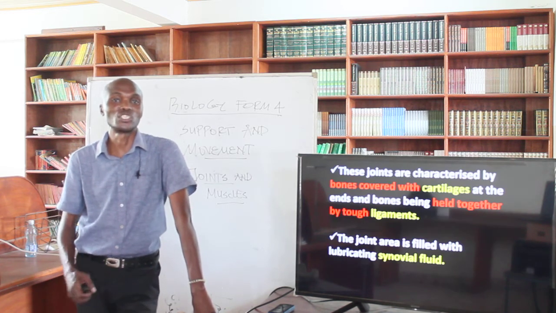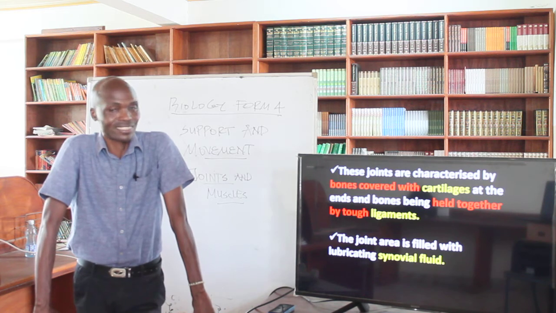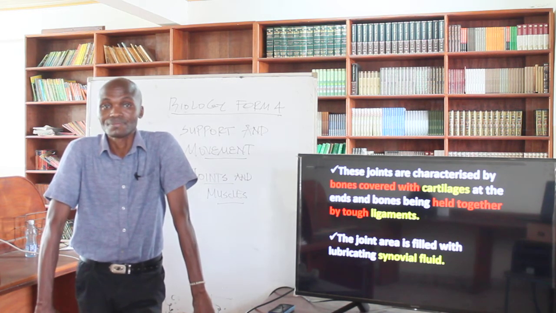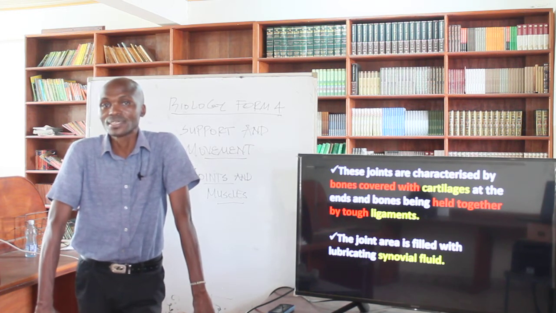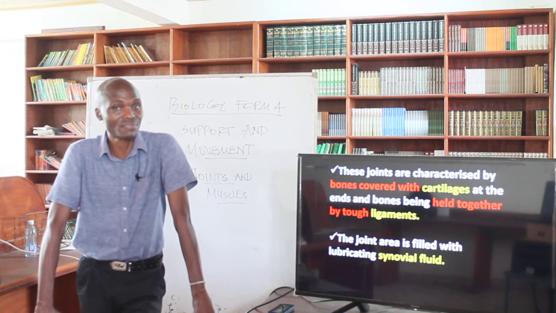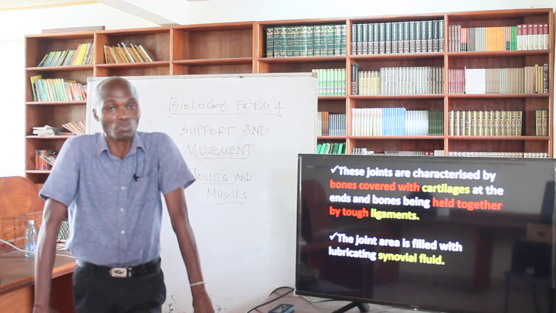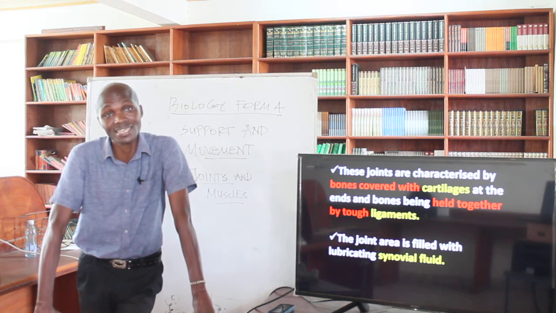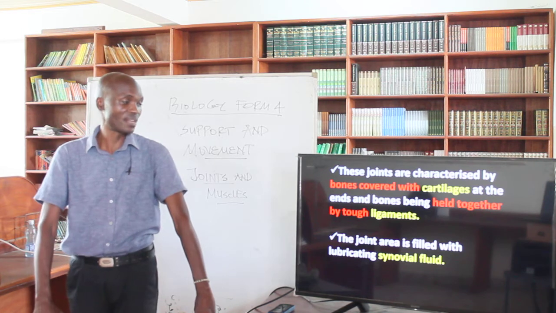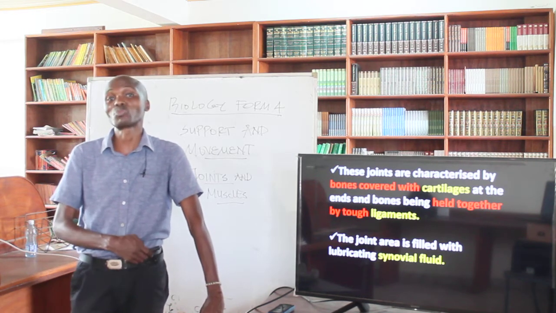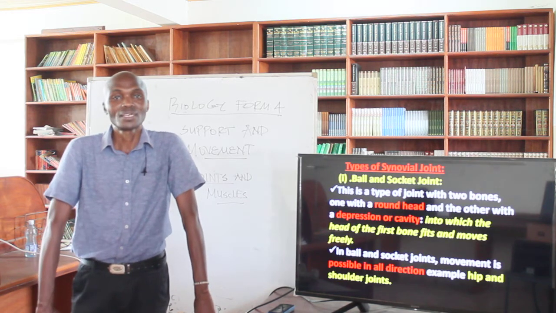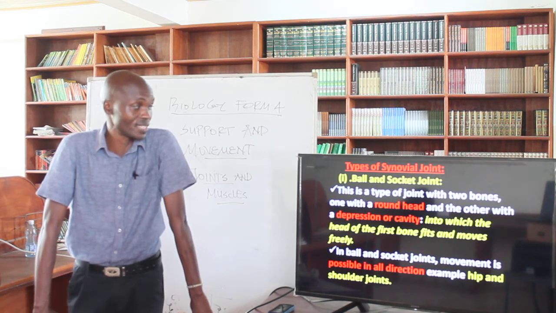These joints are characterized by bones that are covered with cartilage at the ends, and the bones being held together by tough ligaments. So we have cartilages and ligaments holding these bones that form synovial joints. The joint areas are filled with a fluid meant for lubrication, and we call it synovial fluid.